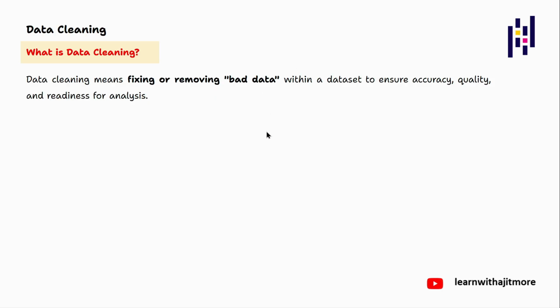Bad data means data which is of no use. Keeping that data will not give you a good result. Okay, or it may give you an error also, or it may give you a result which is going out of the expected result. What was expected, it is going far away from that because of that bad data. Correct? I'll give you that example also.